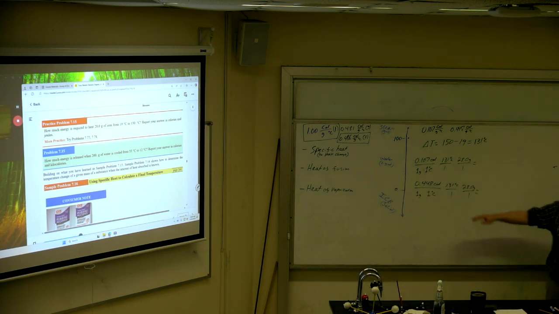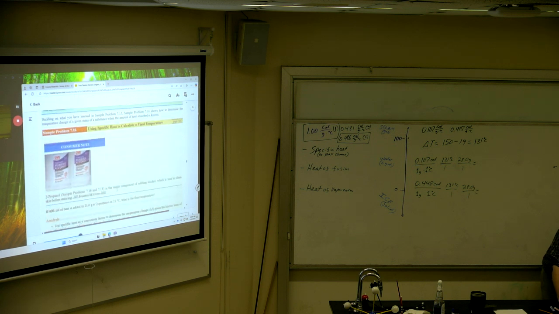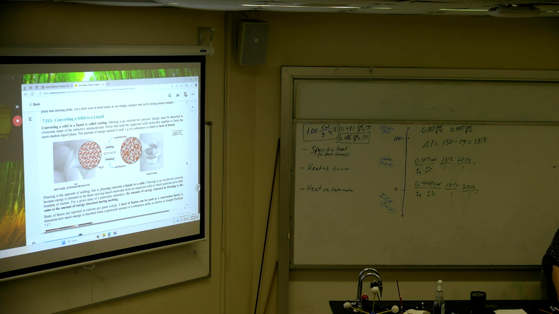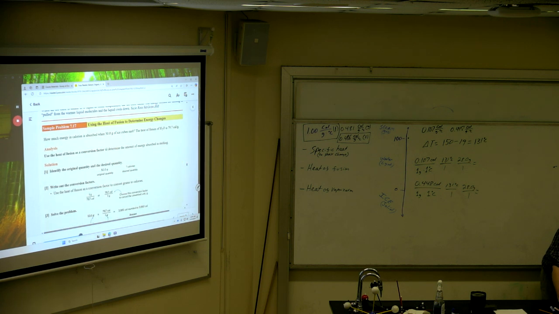So I haven't done a phase change yet. That's separated in another section here. Converting a solid to a liquid. Okay, how much energy in calories is absorbed when 50 grams of ice cubes melt?